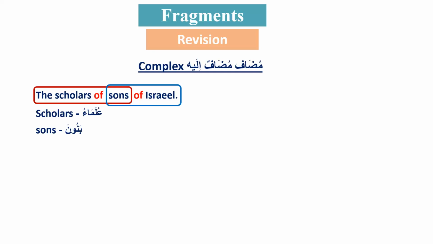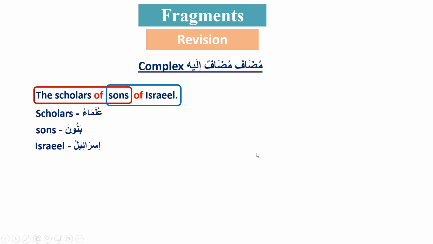The Arabic for scholars is ulama, Arabic for sons is banoon, and Arabic for Israel is Israelu. This is all in Rafa status. I am only giving you Rafa status, and if the status has to be changed, you will change it. I'm not going to tell you unless you ask for it. So we need to translate this into Arabic.